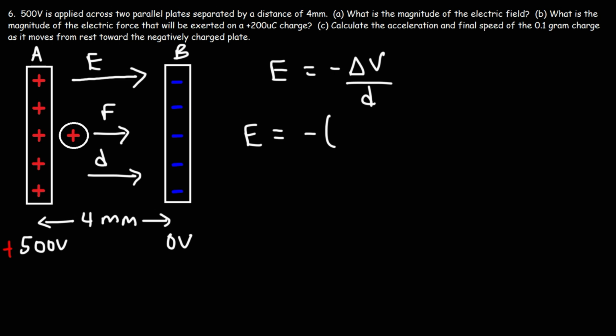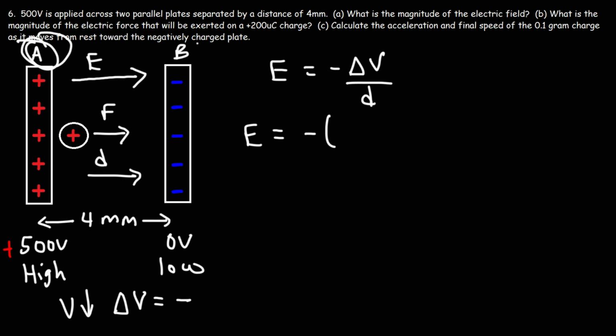So as we move from point A to point B, we're going from a high potential to a low potential. So the potential is decreasing, therefore the change in potential should be negative. So as we move from point A to point B, we're moving from an initial position to the final position.